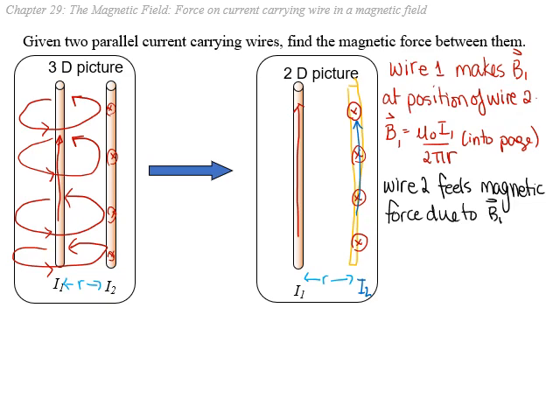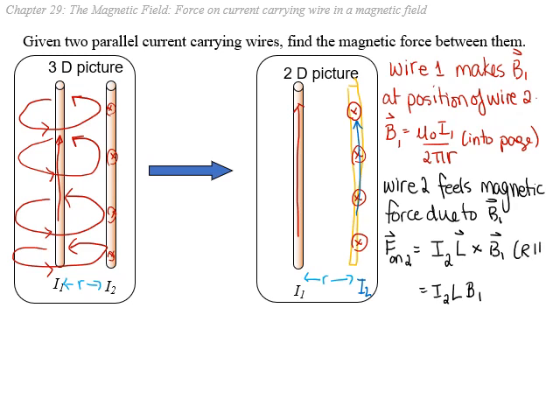We want to find that magnetic force. The magnetic force on wire 2 is equal to the current in wire 2 times the length of wire 2 crossed with the magnetic field it's sitting in, B1. So this is I2 times L times B1. That's the magnitude.